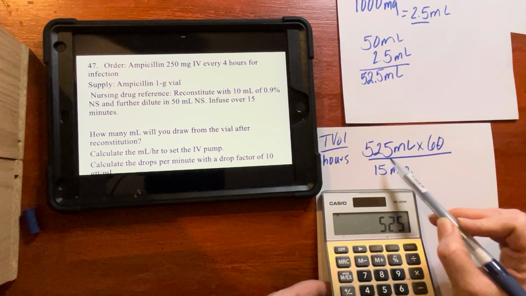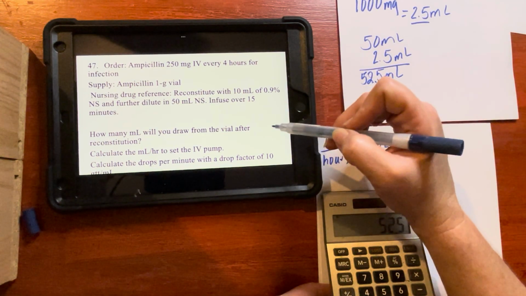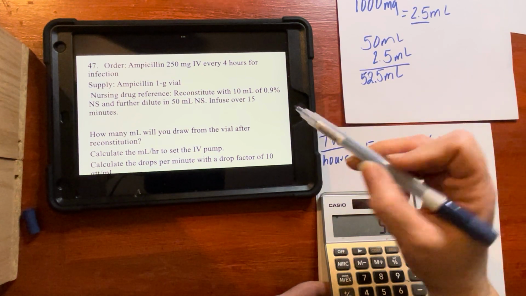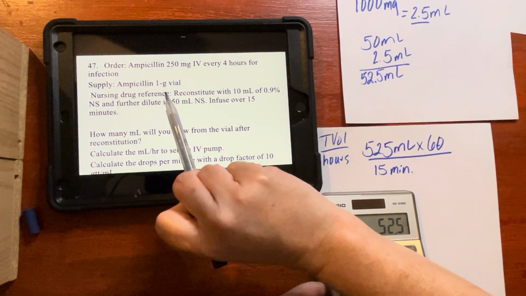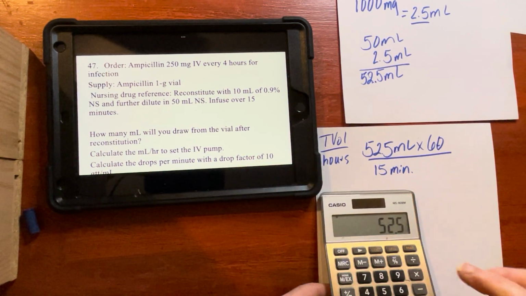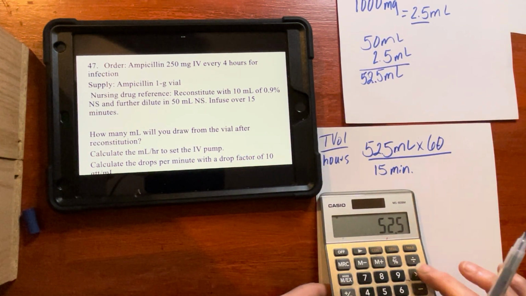So 52.5. The key thing of the trickiness of this one is you have to remember to add the amount you pulled out of the vial to this bag. People are going to miss it, and if that had been a patient, they'd have died.